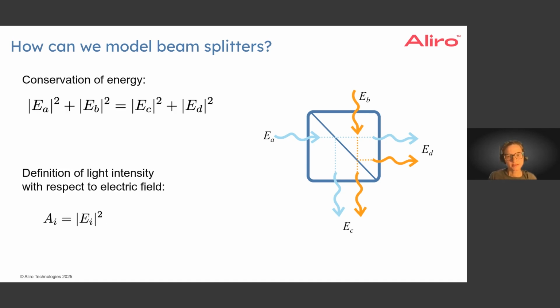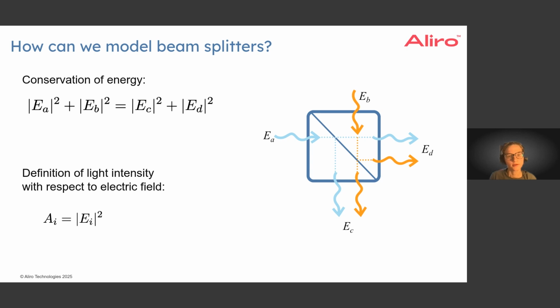So we can refine this matrix model for this beam splitter a little bit by considering a couple of things. One thing we can consider is the principle of conservation of energy, which we've been talking about earlier in this presentation. To bring in this principle, let's remember that the light intensity is going to equal the magnitude of the electric field squared, and the light intensity is related to the energy, so this light intensity is conserved.